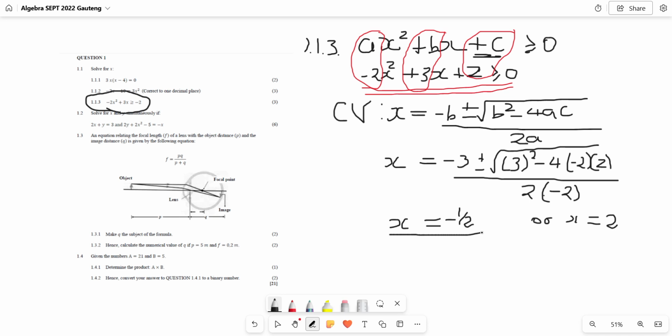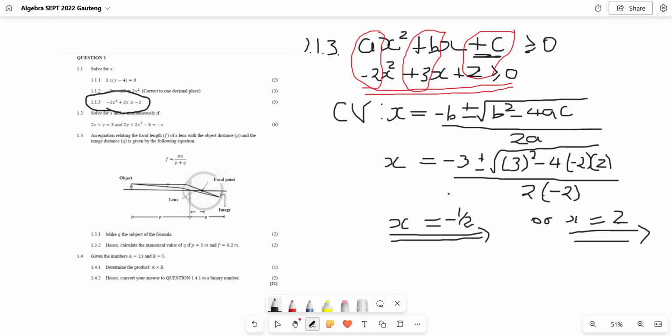Then this will be the first solution of x, which is the first critical value. Then the second solution of x, which is our second critical value, will be equal to positive 2. That is our second critical value.